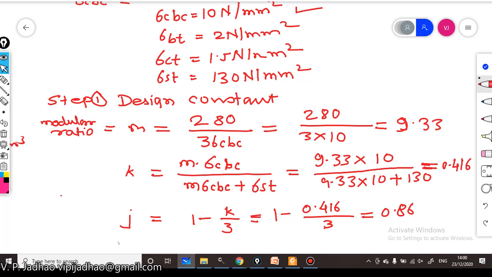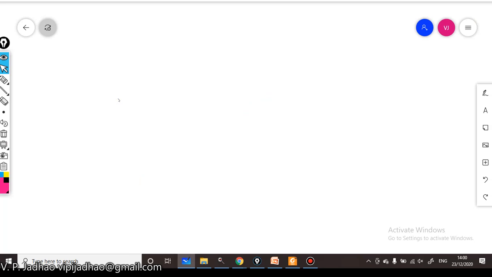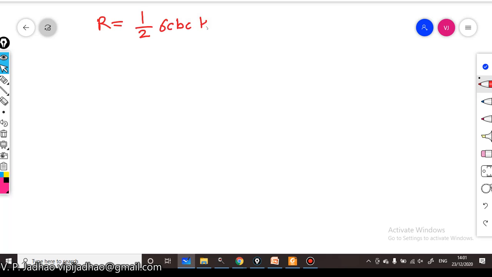Then the next constant is r. Sometimes it is considered as capital Q, but we will be considering it as R. The next design constant is capital R. The value of R is calculated by this formula: 1 divided by 2 into sigma cbc into k into j.